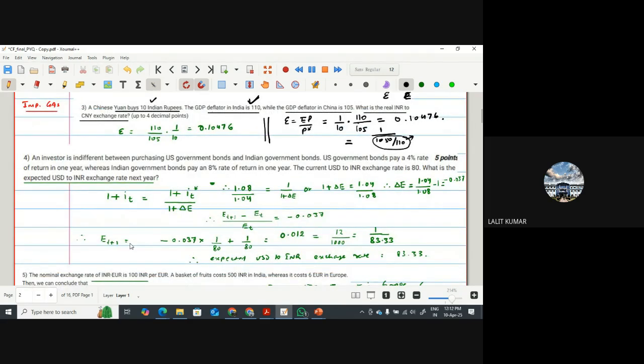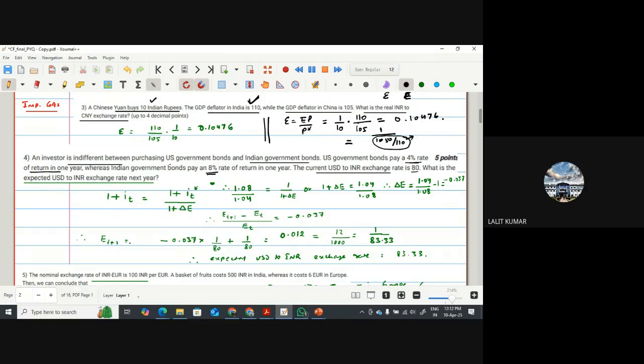Now we come to the next question. An investor is indifferent between purchasing US government bonds and Indian government bonds. US government pays a 4% rate of return in 1 year, whereas Indian government bond pays an 8% rate. The current USD to INR is 80. So what is the expected USD to INR exchange rate?